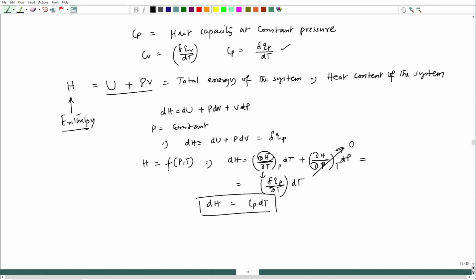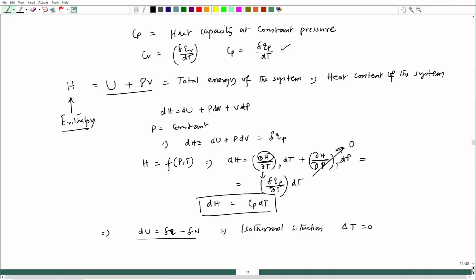Now, if I come back to this equation, which is dU equal to del q minus del W, and consider an isothermal situation, isothermal means dT equal to 0, and let us assume that the system is able to exchange heat with the surroundings. So, even if the system does some work, that work would be decided by the amount of heat the system absorbs from the surroundings, or if any work is done on the system, then that negative work would allow some heat to be expelled from the system to the surroundings.